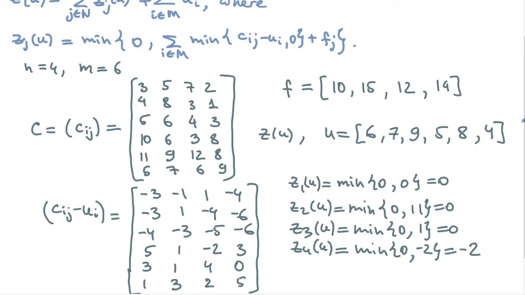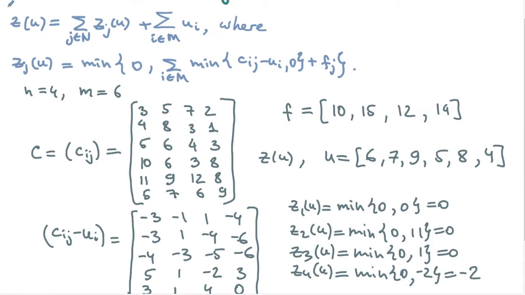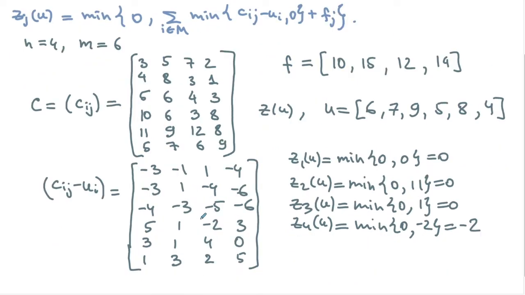Alright, so now we are ready to compute Z of u. Z of u is just the summation of zj's of u plus the summation of all ui's. Therefore, the summation of zj's is negative 2, and the summation of ui's will give us 39.